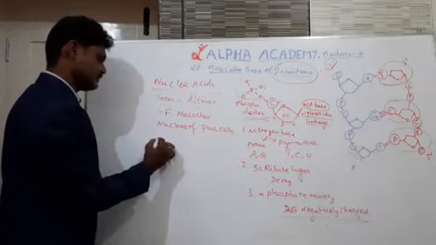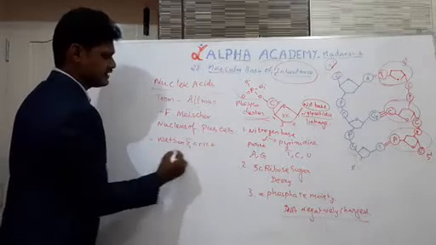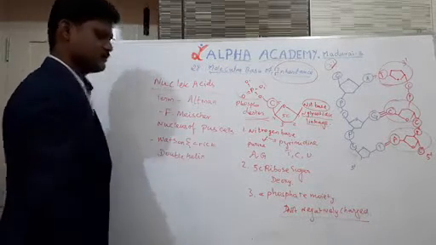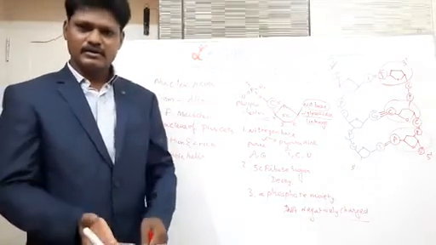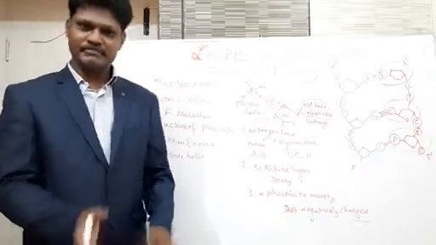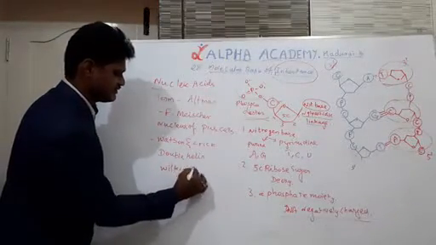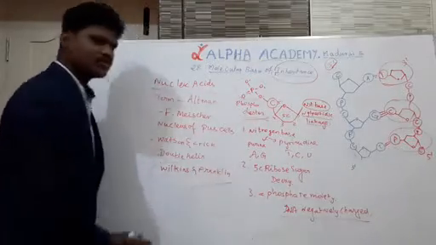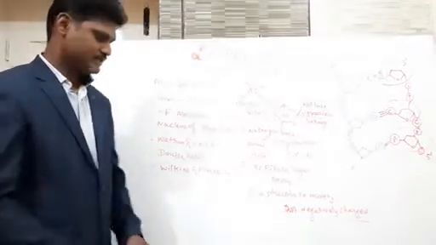Then Watson and Crick proposed a double helix model of DNA, on the basis of X-ray crystallographic studies of Wilkins and Franklin.